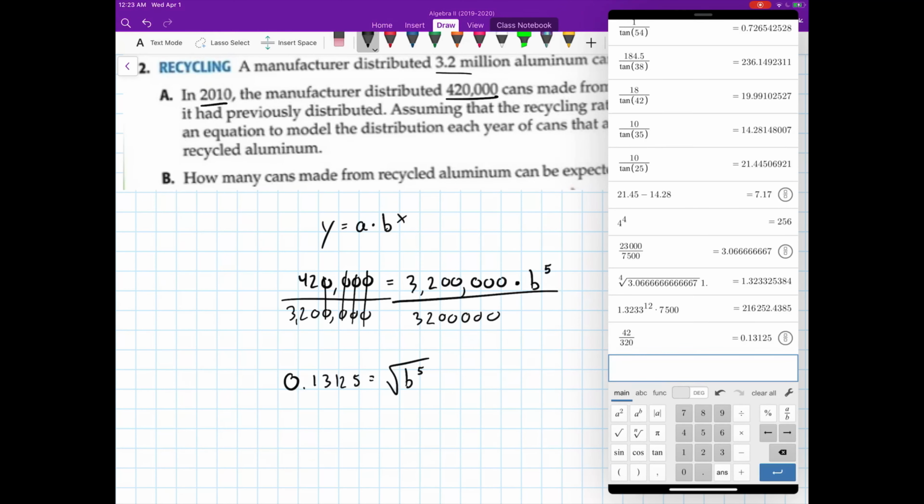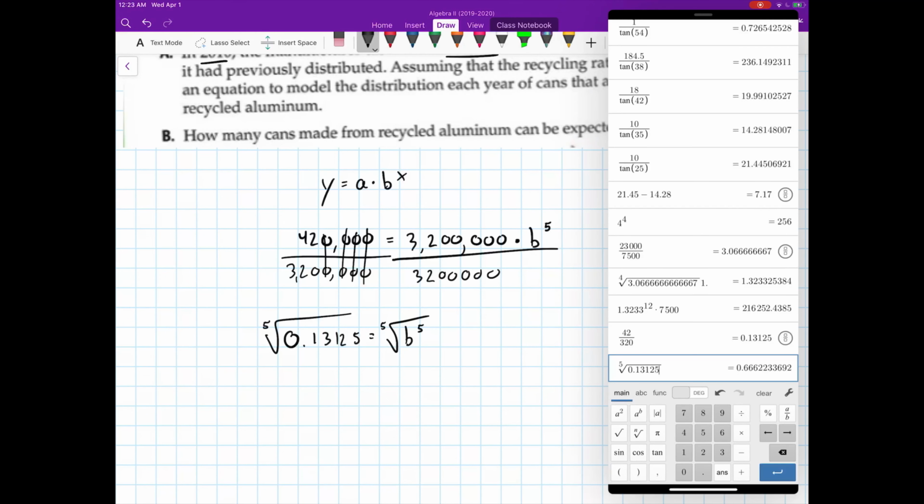Of course, next I'm going to take the 5th root of both sides to solve for b. So I want to do the 5th root of 0.13125, and I get 0.67. We can round that one off there, and that's equal to b.